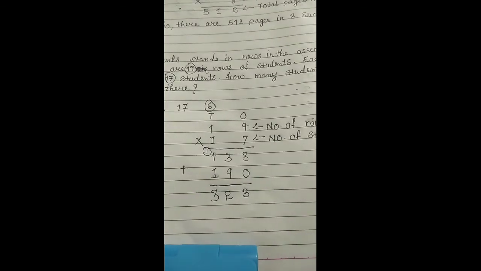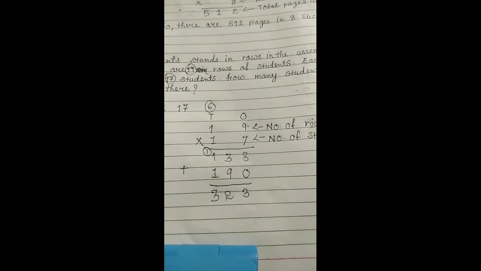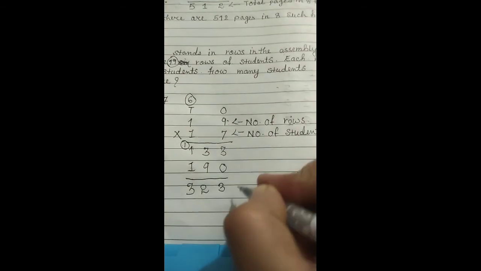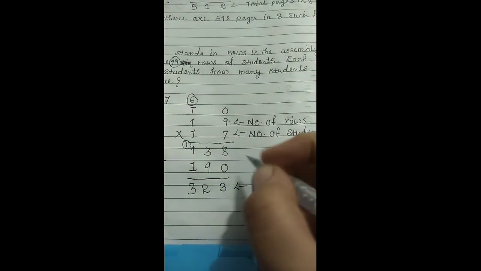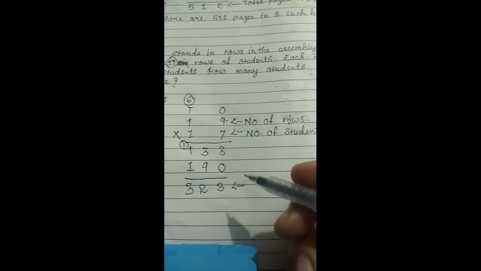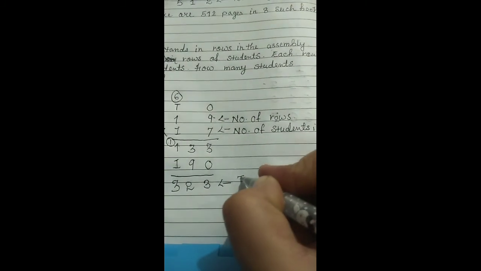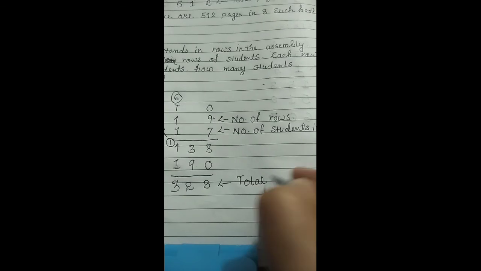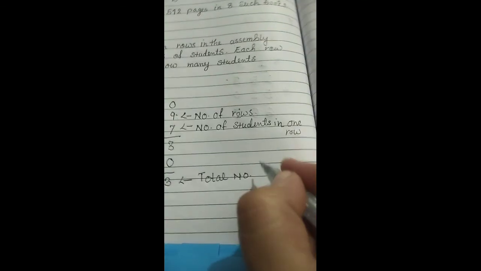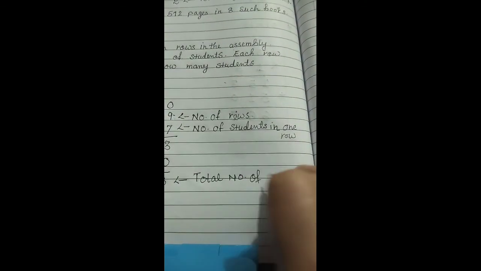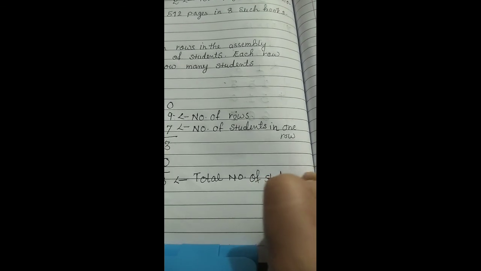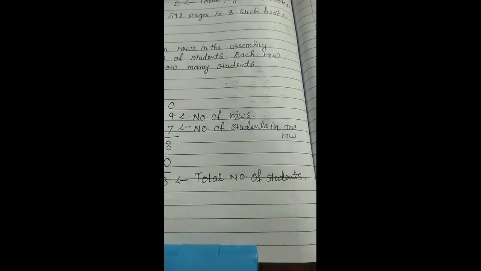So we have to write down the statements again. 323 stands for total number of students. Right? Now it is time for the final statement.